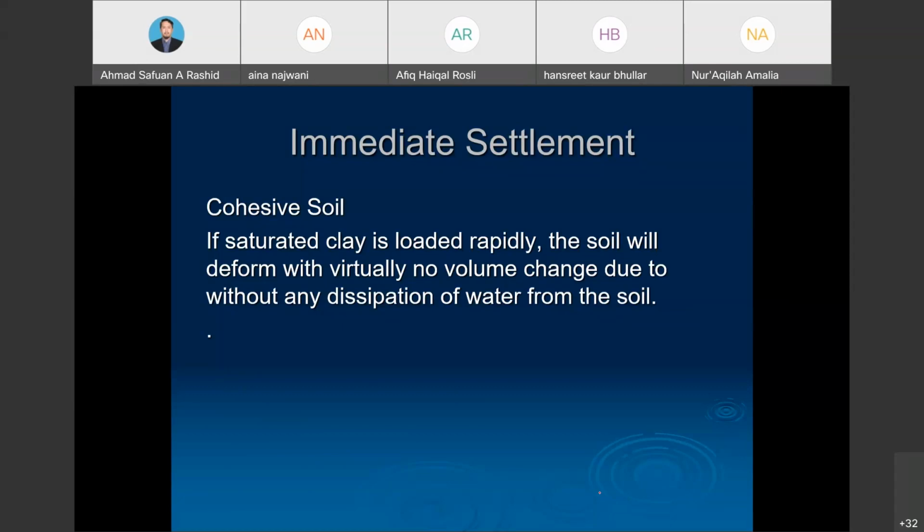Tetapi kita boleh kira, we can determine the magnitudes for this immediate settlement by using an equation, which is definitely different between clay and sand.